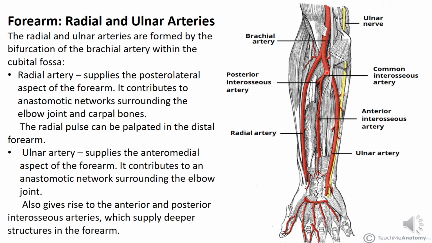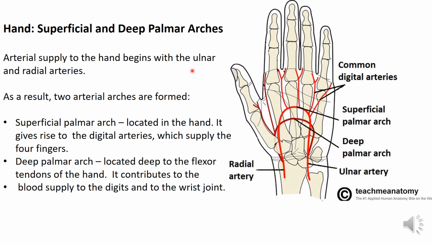Then near to the cubital fossa, the ulnar artery gives rise to common interosseous artery, which further branches into posterior interosseous artery and anterior interosseous artery, supplying deeper structures of the forearm. Coming to the blood supply of the hand, it is from two arches, superficial and deep palmar arches. The superficial palmar arch is located in the dorsal aspect of the hand.